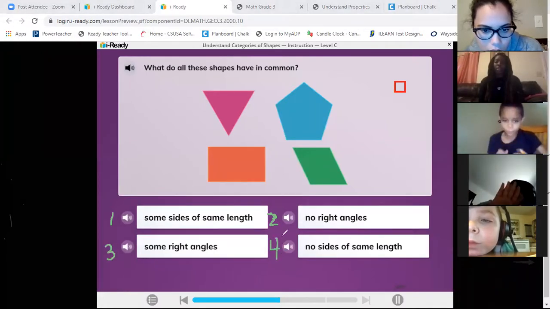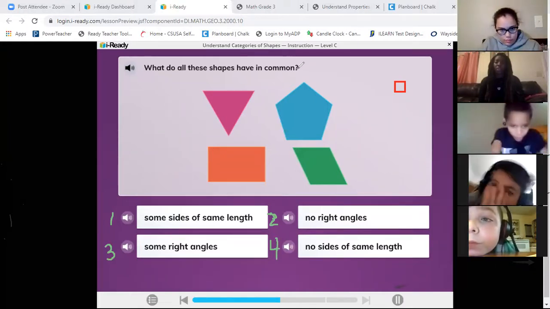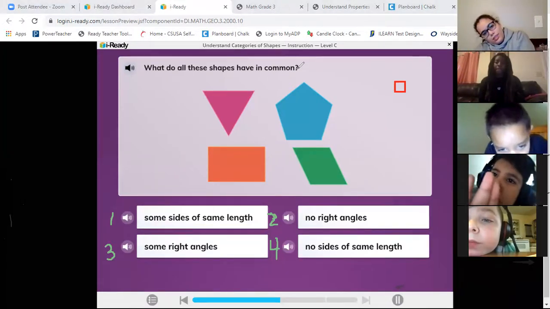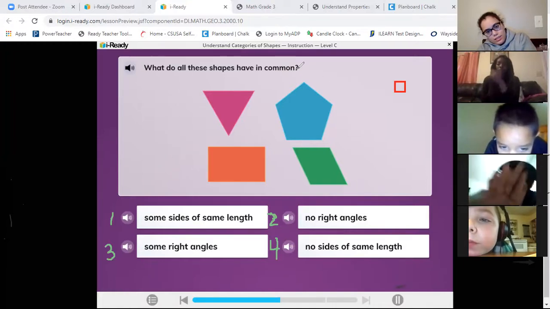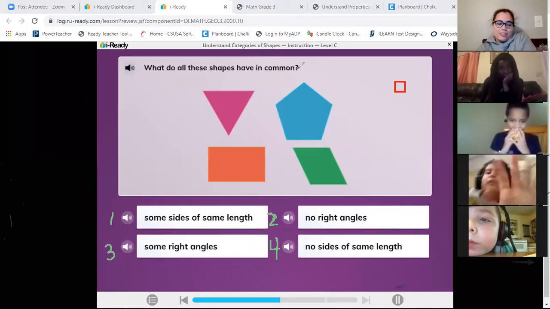Patience, make sure you pay attention. Gotta look at the sign. I know when I did this the first time I did it too quick and I got it wrong. So don't think too quick.